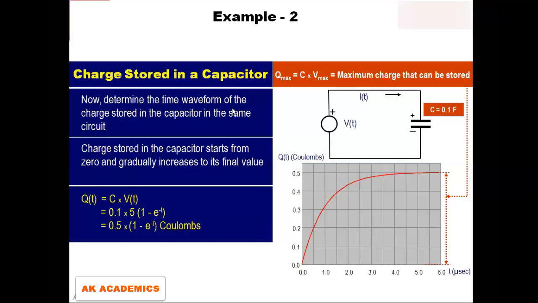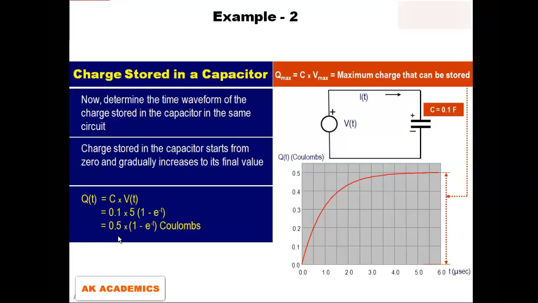All right, how do we find charge? Our charge is usually CV. We know that already, and we know our V already. We also know the capacitance, which is 0.1. So 0.5 multiplied by this gives us our charge. So our charge will be 0.5(1 minus exponential minus t). That simply means for all times, 0, 1, 2, 3, 4, 5, you just keep varying the time until you get different values of charge.